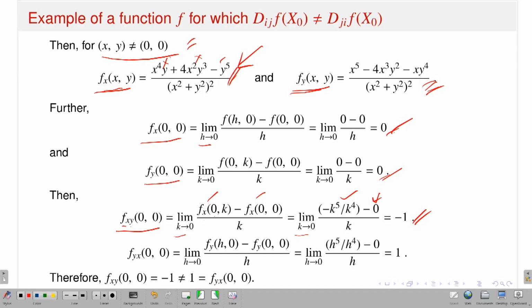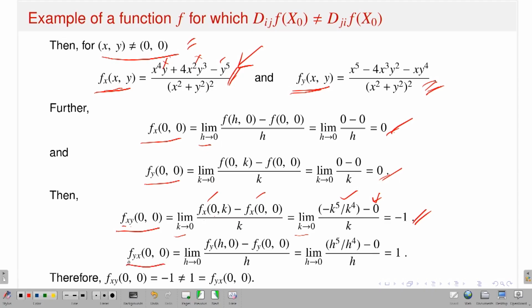The first order partial derivatives with respect to x and y are defined everywhere on R^2, and therefore in particular in a neighborhood of (0,0). So I can talk about the mixed partial derivatives at the point (0,0).